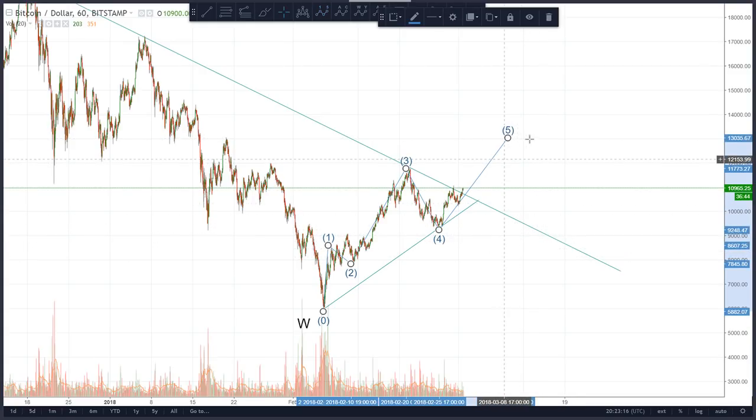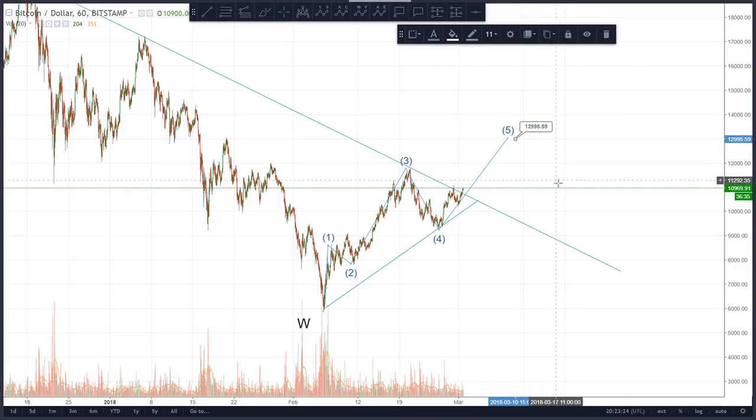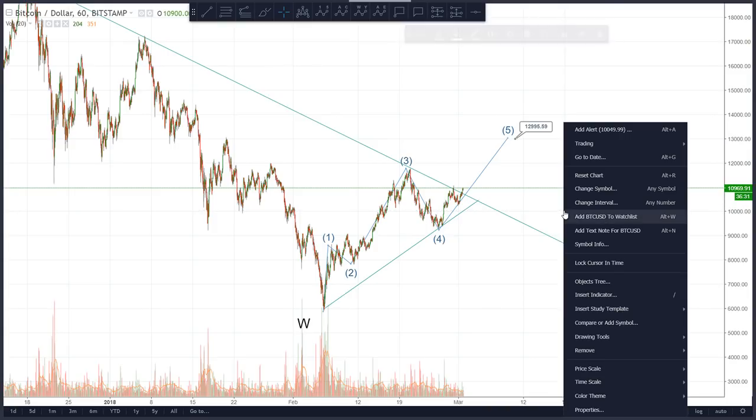Yeah, this is where I expect we're going. Let me stick a little price tag on. Yeah, around that level, the 13,000 mark. That's where I believe that we're going.